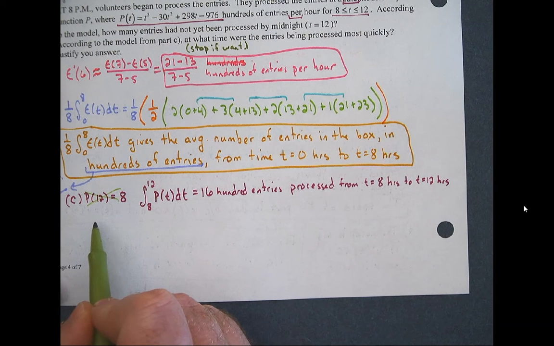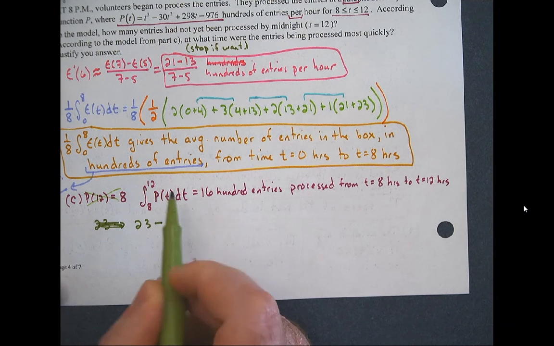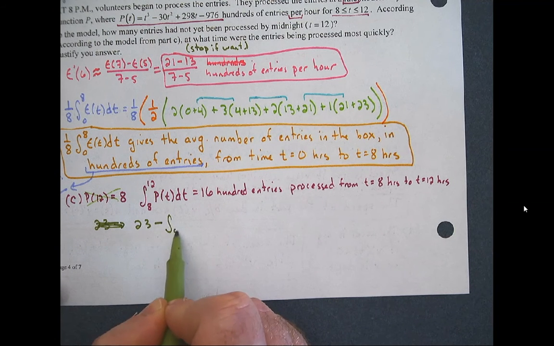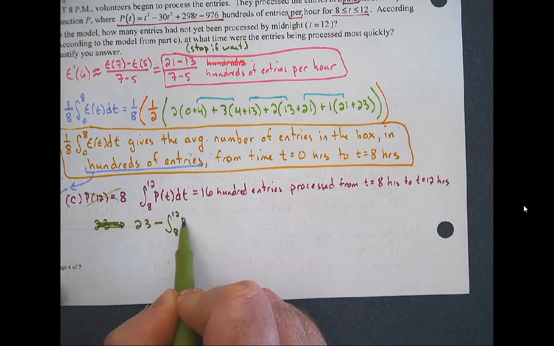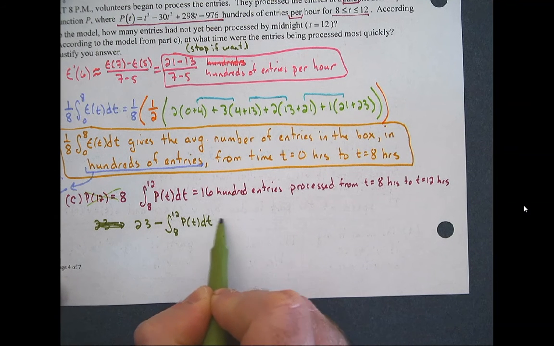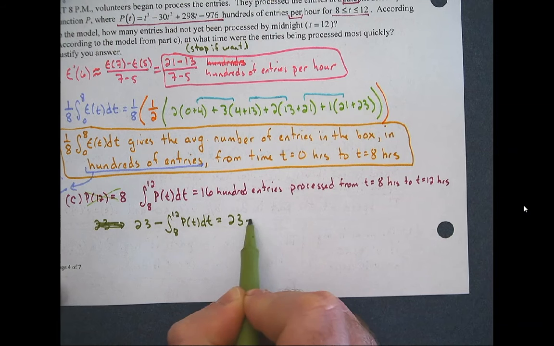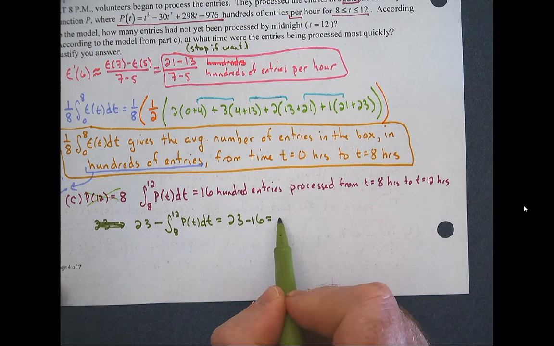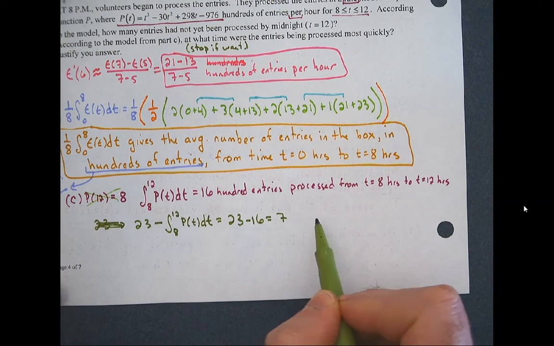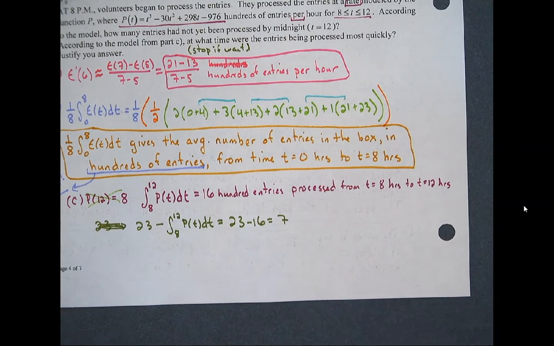So 2,300 subtract the integral from 8 to 12 of p of t dt is equal to 23, take away 16, which equals 7. 7, right? Nope.